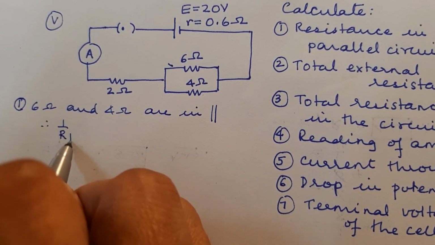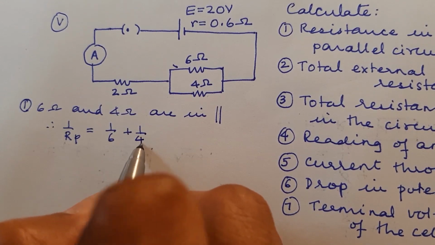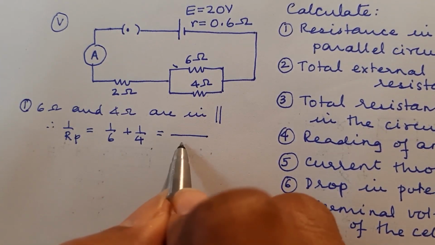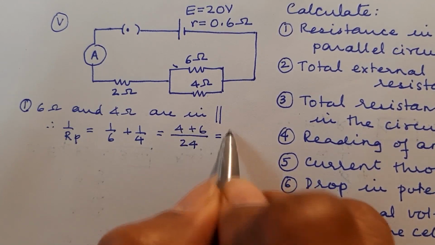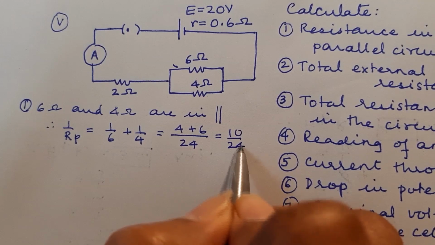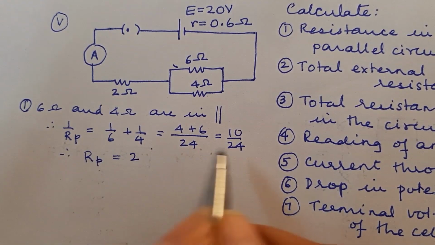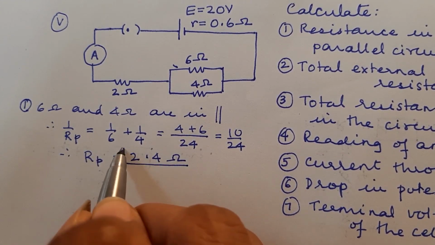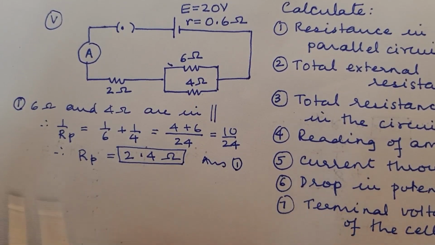Therefore, 1 upon Rp is equal to 1 upon 6 plus 1 upon 4, which is equal to, I'm taking the product of these two, and therefore Rp will be equal to 24 upon 10, and that becomes our answer 1.